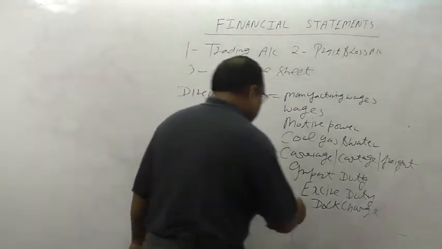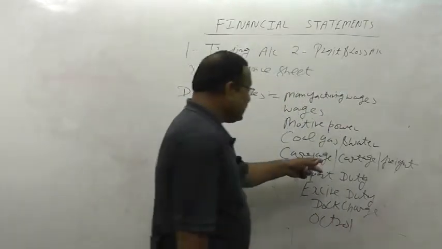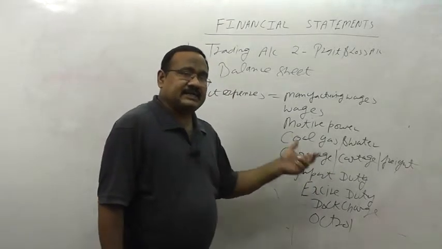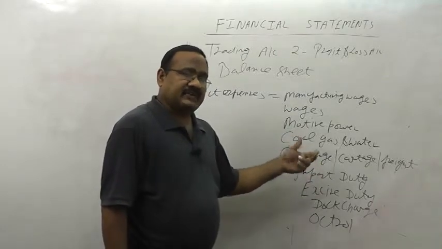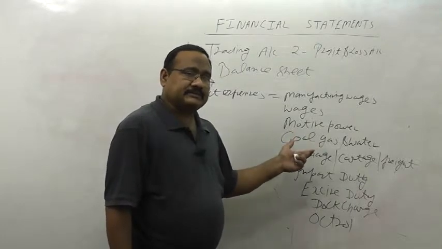Octroi is also a direct expense. Carriage, cartage, freight. Sometimes carriage in is written, carriage on purchase is written, cartage in, freight in is written. So all are direct expenses.